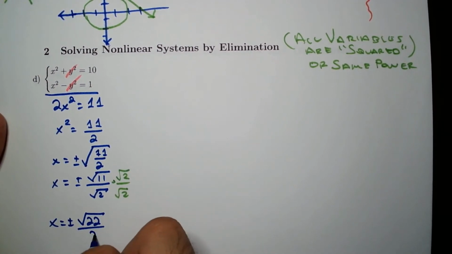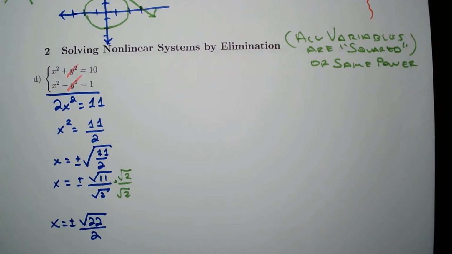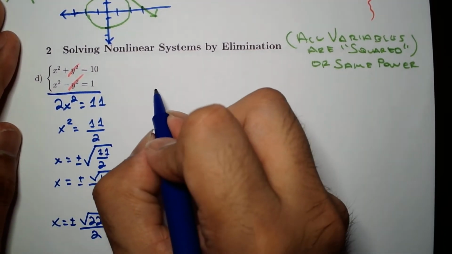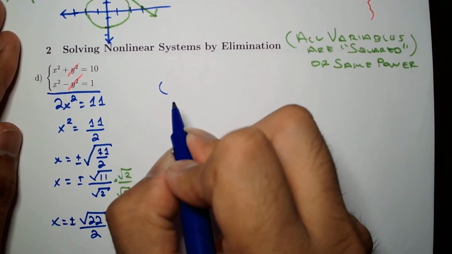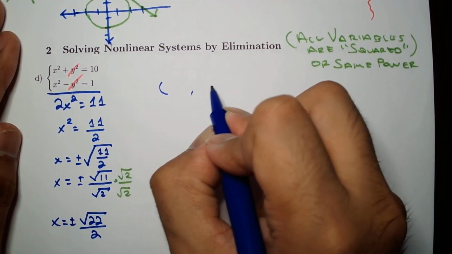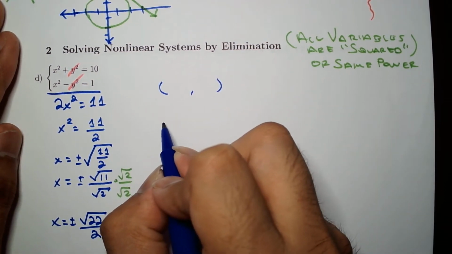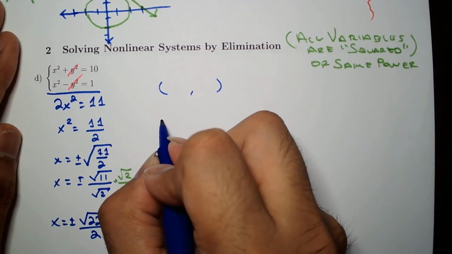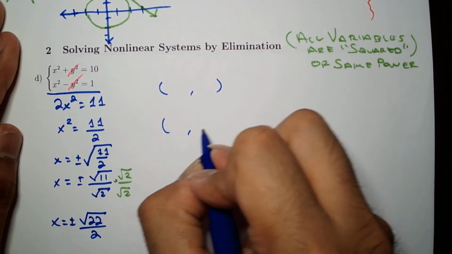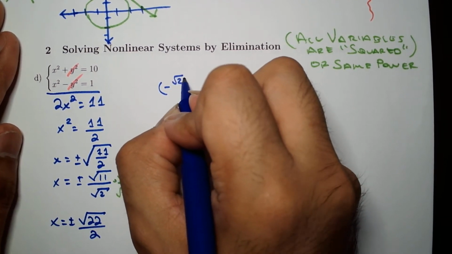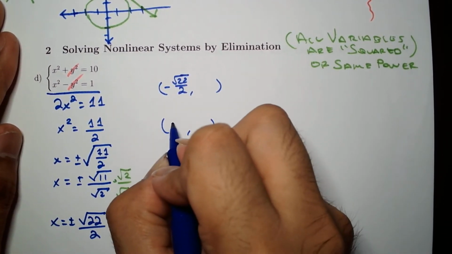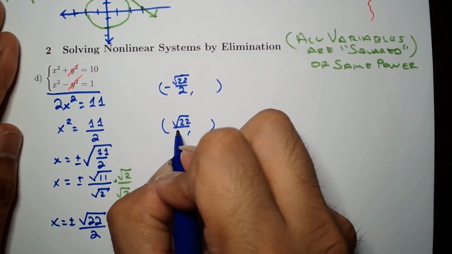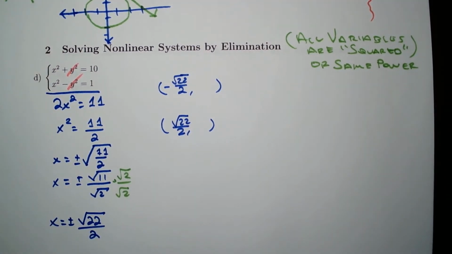And square root of 2 times itself is simply 2. So what are we going to obtain here? Let me write the solutions this way. Ordered pairs in which the x coordinate will be negative root of 22 over 2, and another one with the positive square root of 22 over 2.